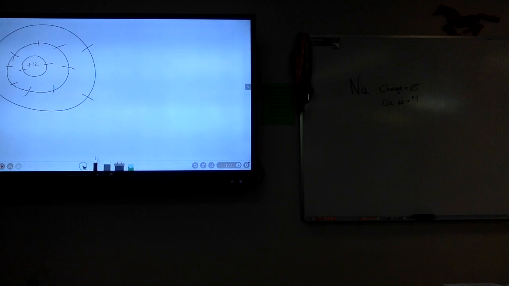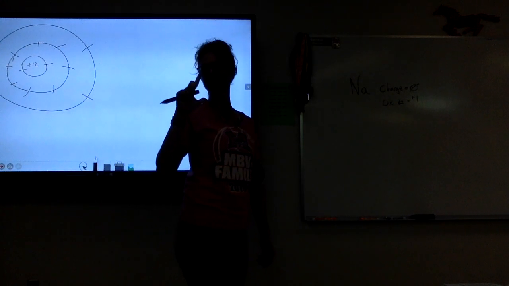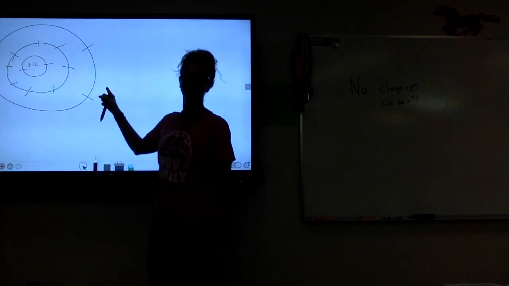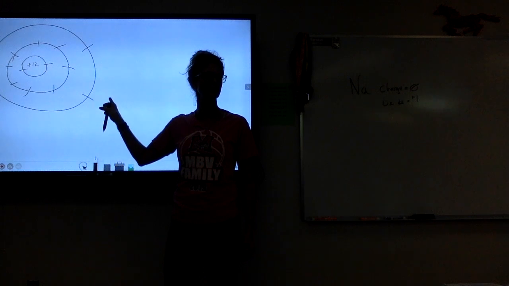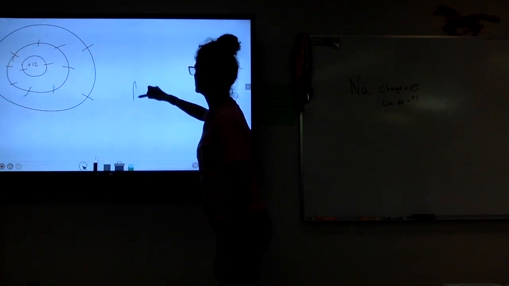What does it need to do to be full? Give away 2. What's its other alternative? Gain 6. And it's not going to do that. It's just as easy to lose 1 as gain 1, and so it's going to choose the easiest path. So it's always going to lose 2 rather than gain 6. So when it loses 2, what will its charge be?